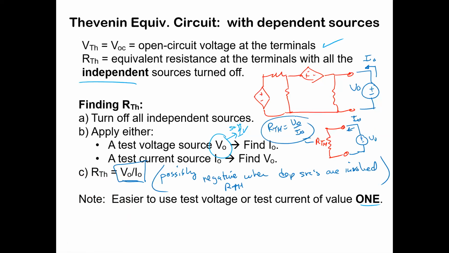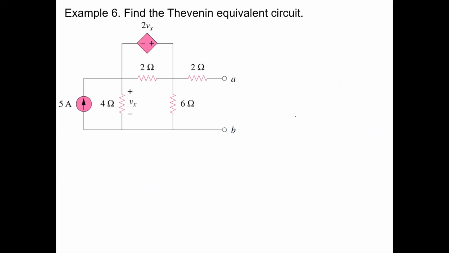Okay, so now we're going to do a dependent source problem. Here's a circuit that has a dependent source. In this case, we'll start off by doing V Thevenin first.